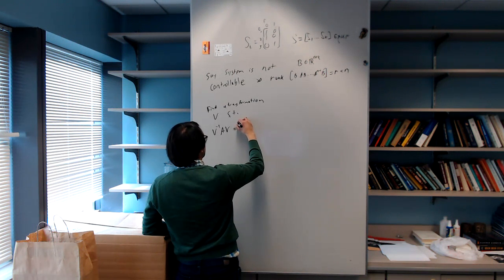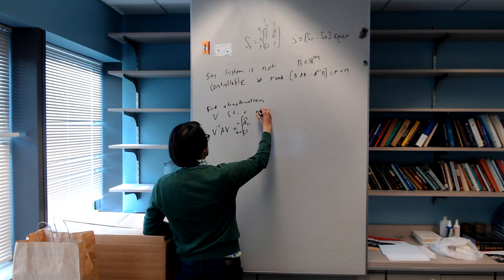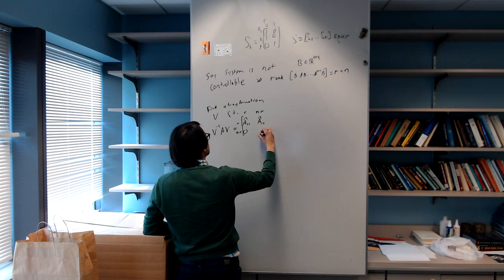This is going to be of dimension r, this is dimension n minus r, this is of dimension r, this is dimension n minus r.